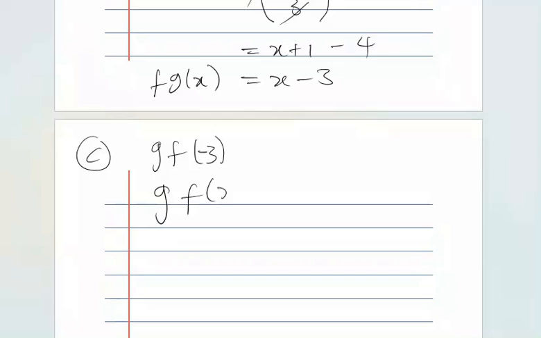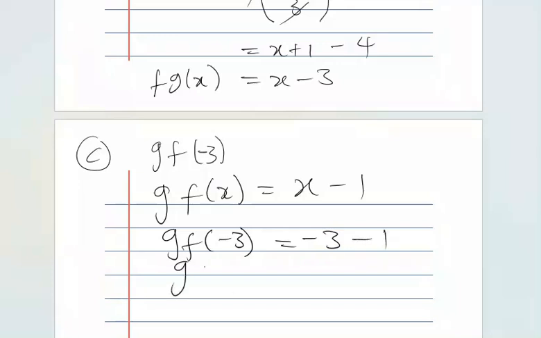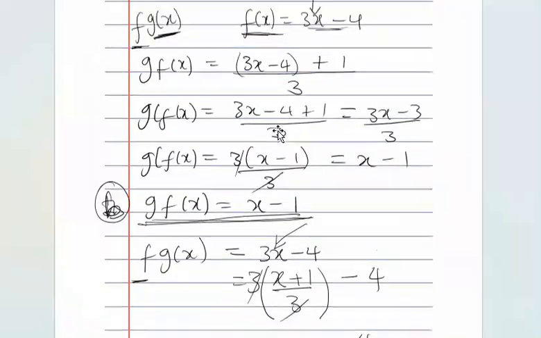We've already found this equation, which is x minus 1. So when they say g f of negative 3, they mean where there is x in this equation we've solved, we substitute negative 3. So write negative 3 minus 1. So g f of negative 3 is equal to negative 3, negative 1, negative 4. Okay, so these are your answers.